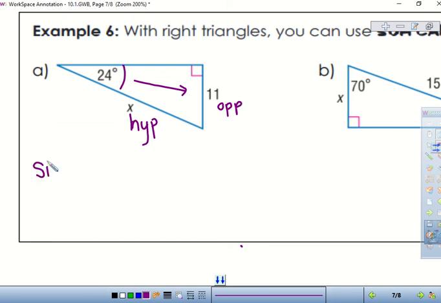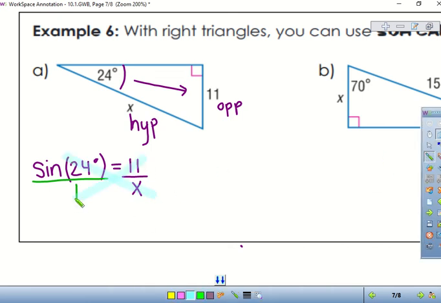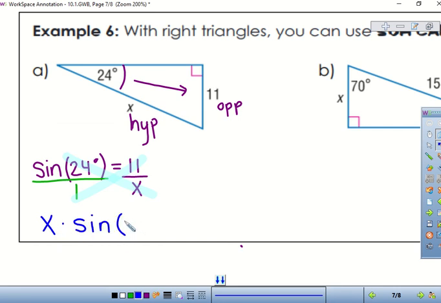Sine. So you do sine of whatever your angle is equal to opposite over hypotenuse. Now to solve this, you can put your trig function over 1 and cross multiply. So we're going to cross multiply here. That's going to give us x times sine of 24 degrees is equal to 1 times 11.